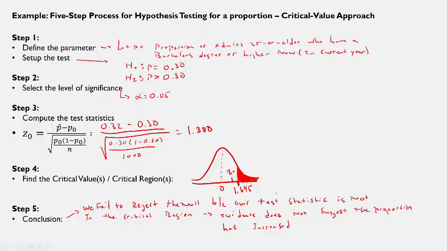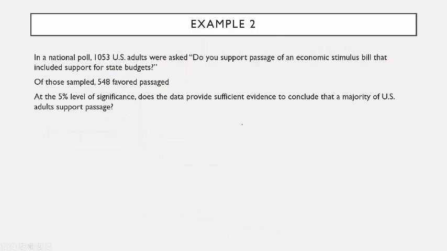All right, let's do another one. So in a national poll of 1,000, look what you're given. You're given n is equal to 1053. We're asked, do you support passage of an economic stimulus bill that includes support for state budgets?